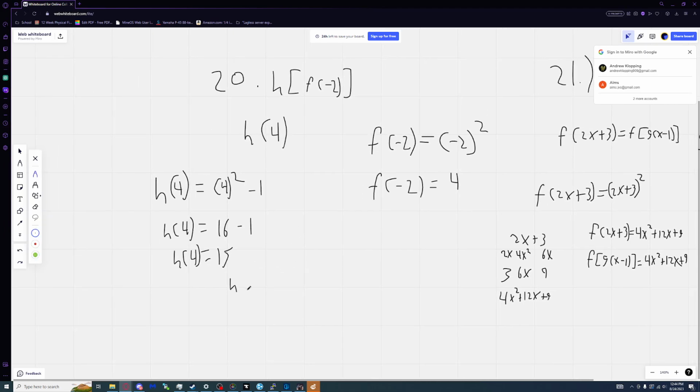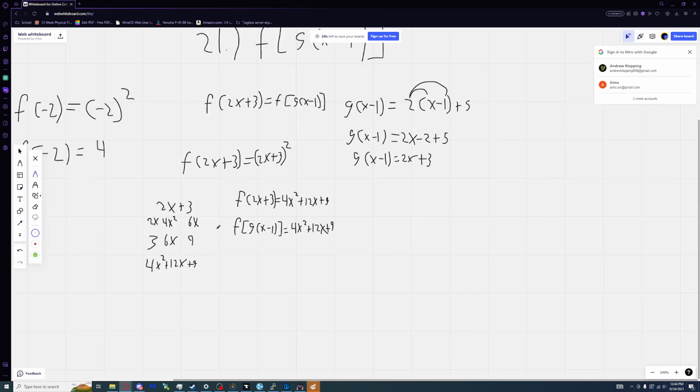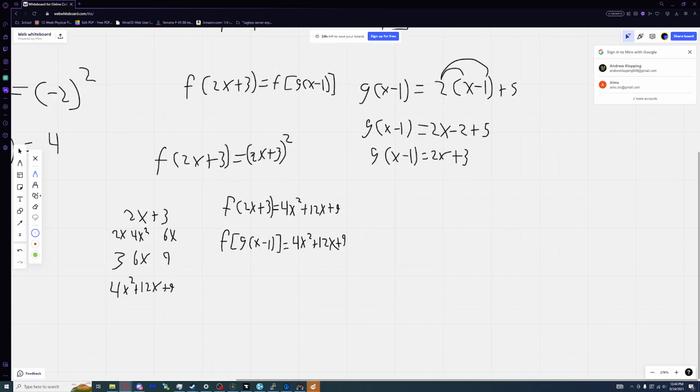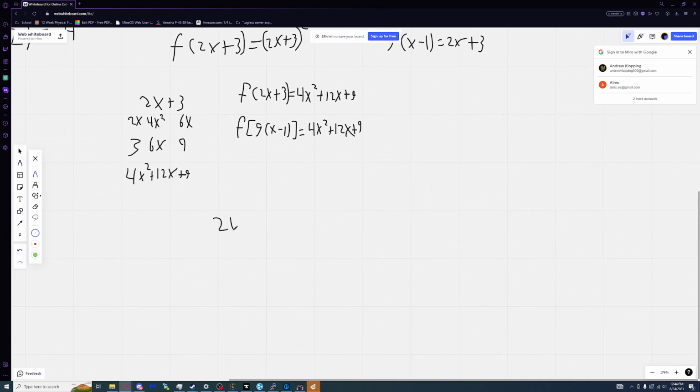h of f of negative 2 is equal to 15. And just to show you can FOIL this, if we take 2x plus 3 times 2x plus 3, we do first, which gives us 4x squared, outer, which are these two, plus 6x, inner gives us 6x again, and last gives us 9.